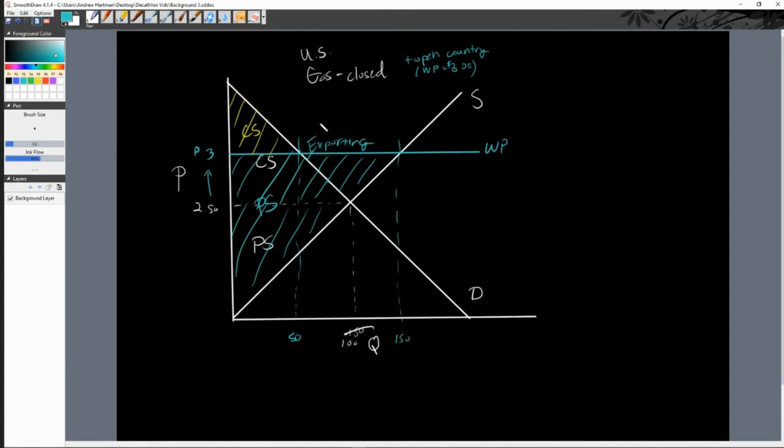So those extra 100 units are being sold internationally. And so these domestic producers are going to make a lot more surplus, a lot more profit, from this higher world price, whereas consumers are greatly hurt by this higher world price.